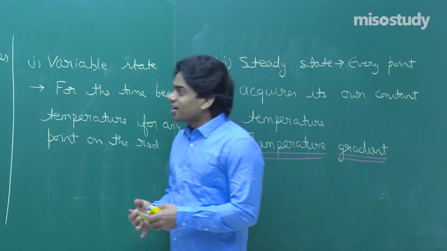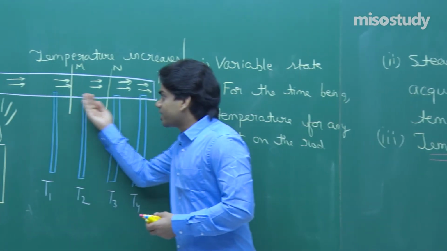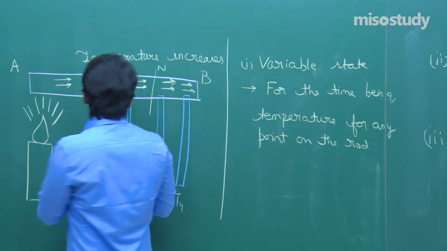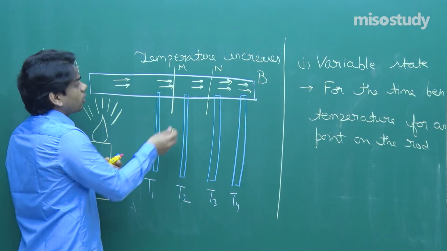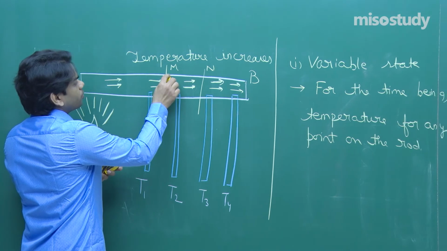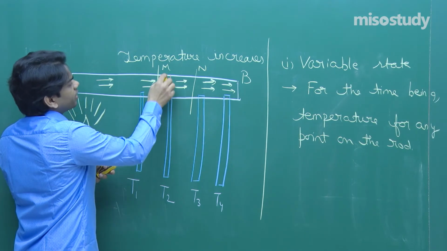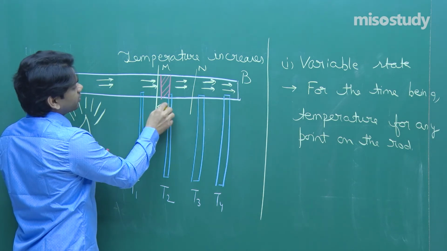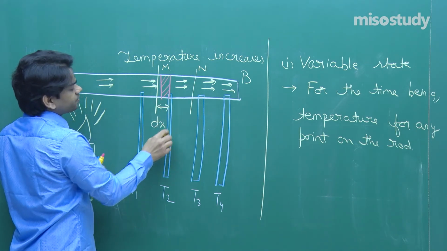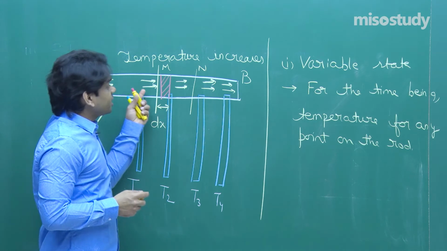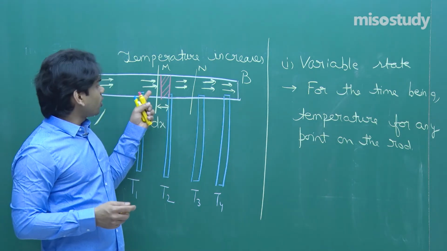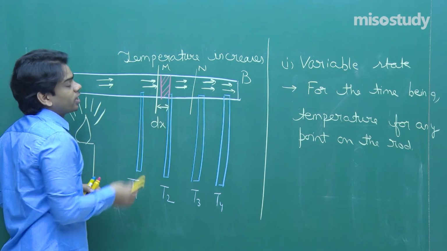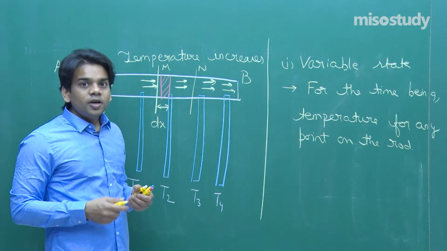Now see, we are finding that temperature is decreasing from end A to end B. If I take any small length on this rod, and let's say this length is given as dx, the change in temperature from this point to this point, let's say that is dt.